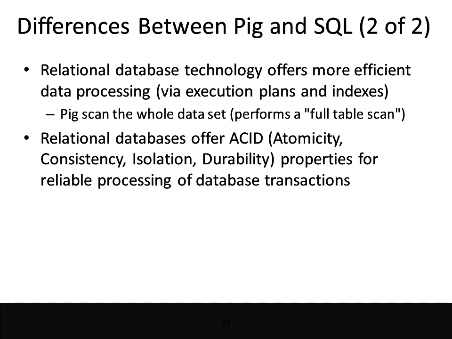But it's very different than what transactional systems would do with a typical relational database. And another key difference is relational databases have ACID properties: atomicity, consistency, isolation, durability. They implement transactions. We don't have any of that when we're using something like Pig. And again, for Pig's use cases, we don't need it. But it's critical to understanding when one or the other should be used.